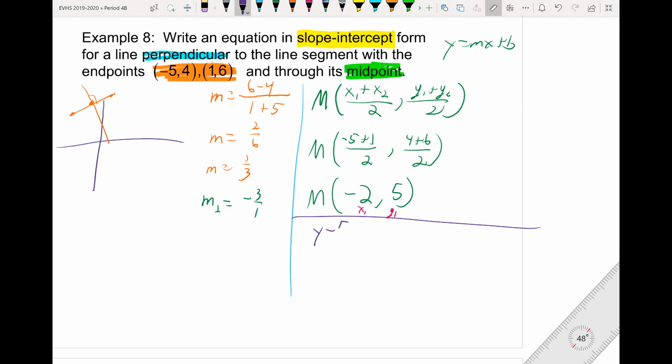Y minus 5 is equal to m, slope of -3, times x minus x1, which is plus 2. Y minus 5 is equal to -3x minus 6. Add 5, so y equals -3x minus 1.